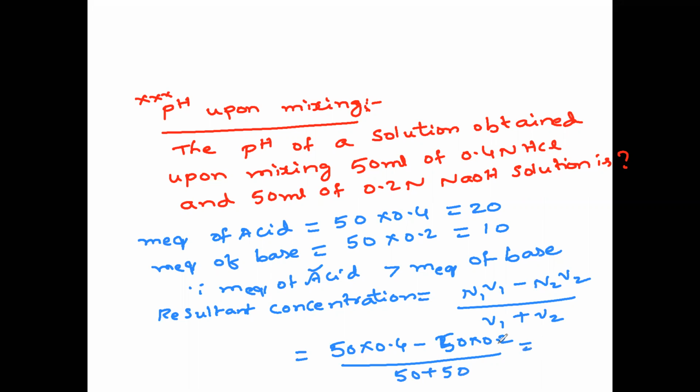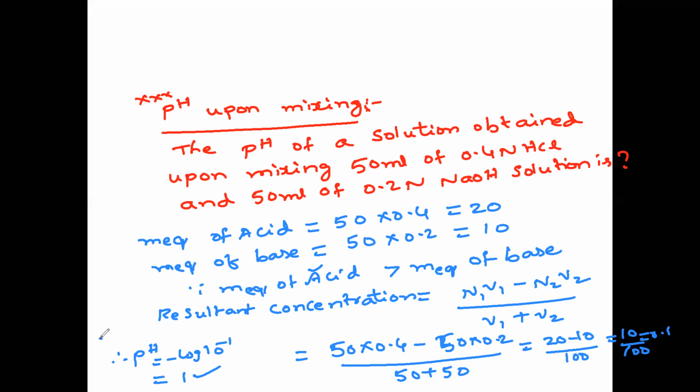It is equal to 20 minus 10 by 100, which is equal to 10 by 100, that is 0.1, which is equal to 10 to the power of minus 1. Therefore, pH is equal to the negative logarithm of 10 to the power of minus 1, which is equal to 1.